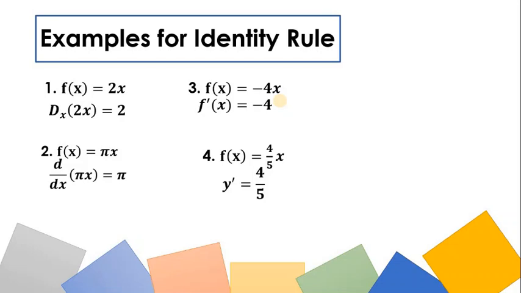If that happens, the derivative of that function is the number beside your single variable. In my examples, whatever number is beside x, that's the derivative using the identity rule. That's how the identity rule works.